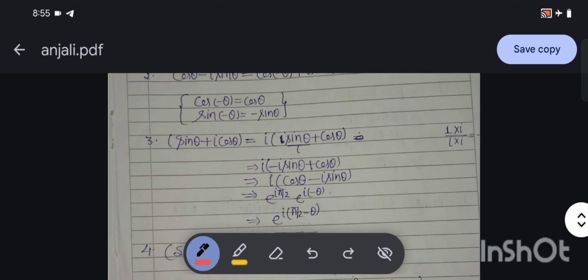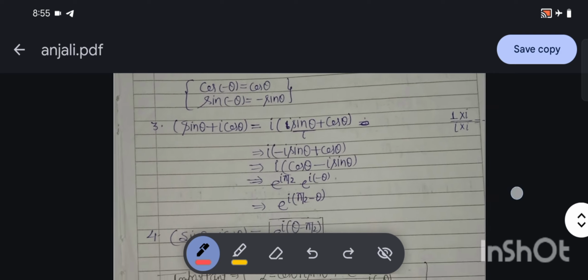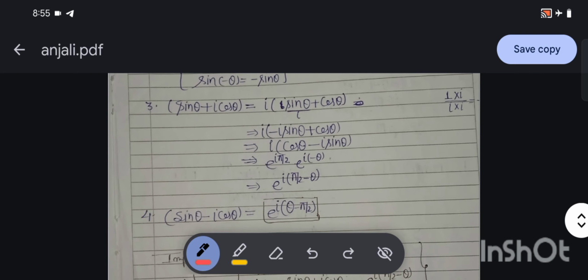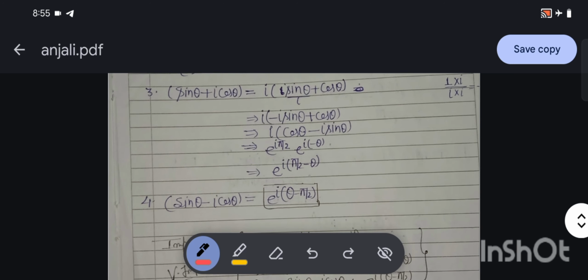So iota into minus iota sine theta plus cos theta, which is iota times cos theta minus iota sine theta. Then if we write it in Euler's form, e to the power iota pi by 2, because the value of iota is e to the power iota pi by 2, times e to the power iota minus theta, and this will be e to the power iota pi by 2 minus theta.